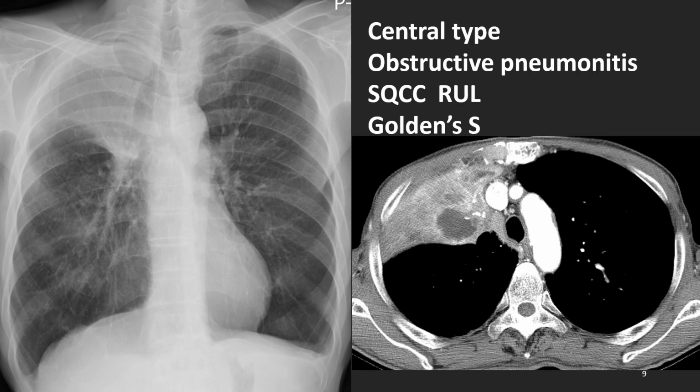As this axial CT image shows, this is central type obstructive pneumonitis of the right upper lobe, squamous cell carcinoma, at the proximal right upper lobe bronchus and showing Golden's S sign.